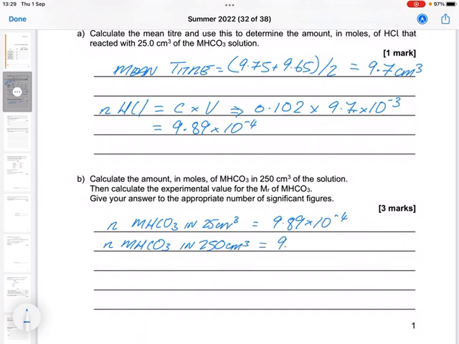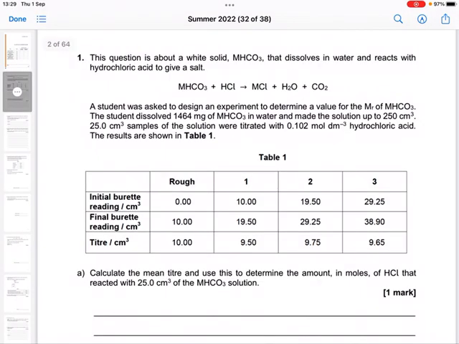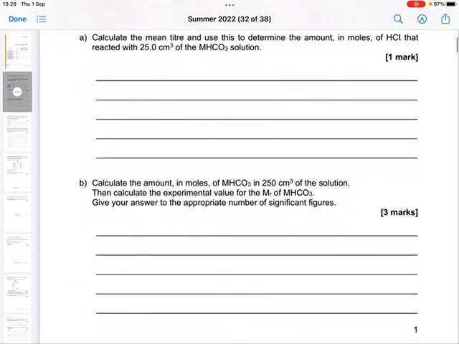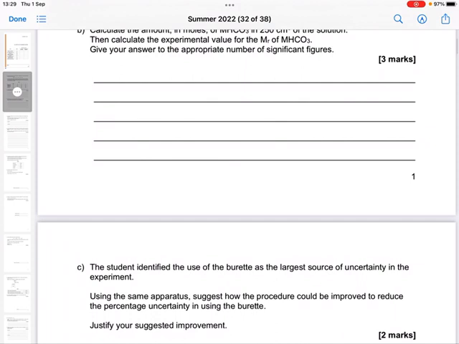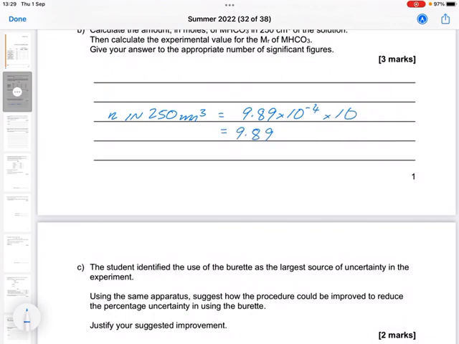So number of moles in 250 equals 9.89 times 10 to the minus 4 times 10. That equals 9.89 times 10 to the minus 3. That's moles of MHCO3.